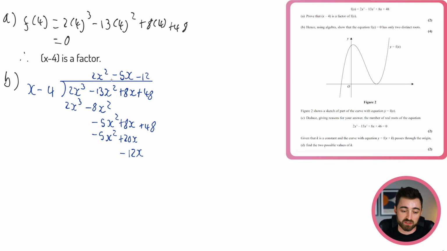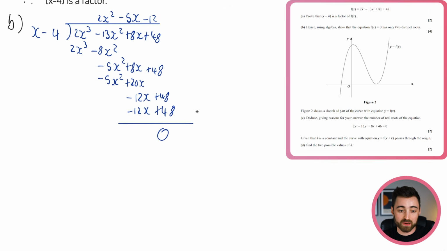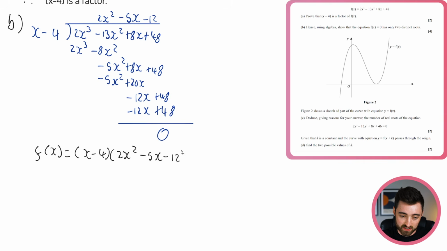Times it through, so minus 12 times x, minus 12x. Still had a 48 here, by the way, and then minus 12 times minus 4 is 48. Cool. There are videos on AI Tutor and loads of different examples of this if this confuses you. What this tells me is that my cubic can be expressed in the form f of x equals x minus 4 times 2x squared minus 5x minus 12.